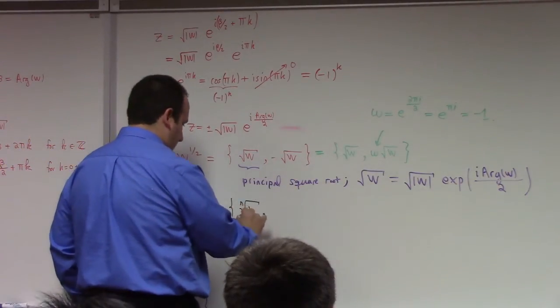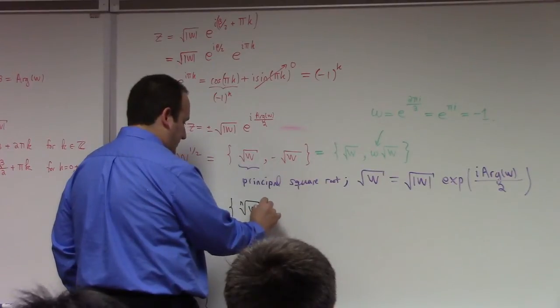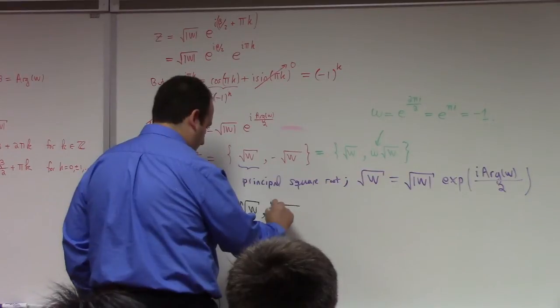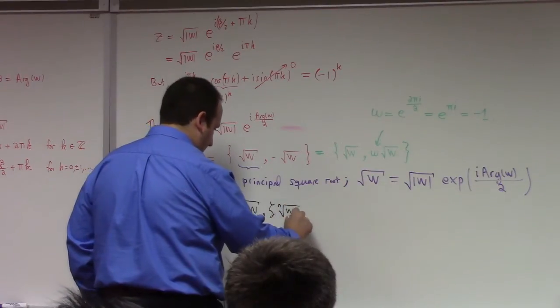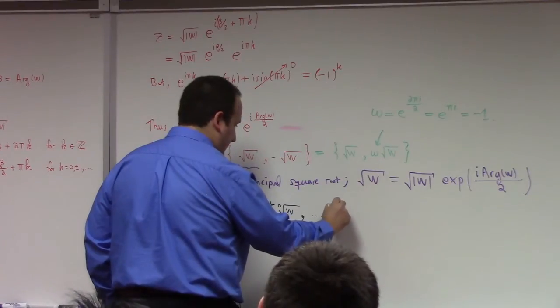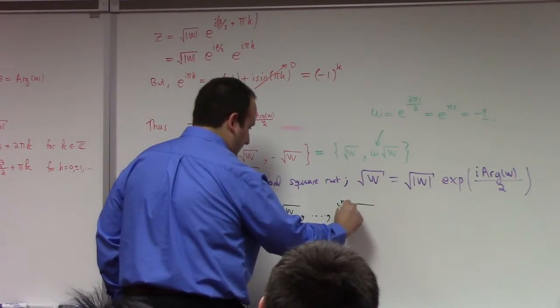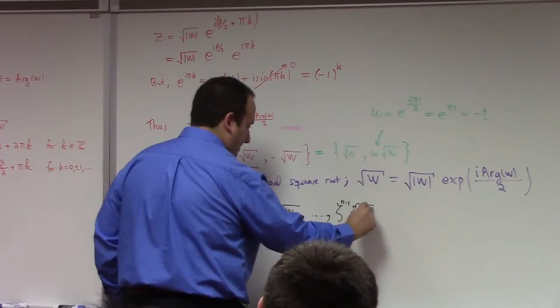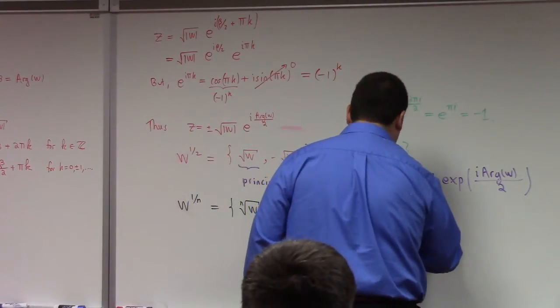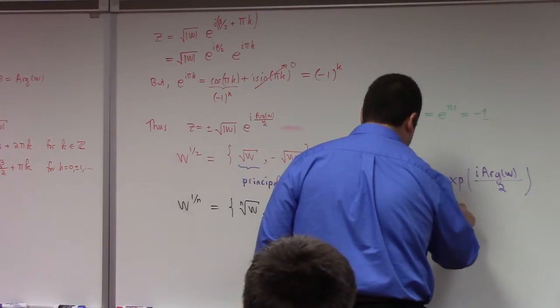I'm just going to use a different letter for the nth root: zeta, zeta squared, all the way out to zeta to the n minus 1 power times the nth root of W, where zeta is equal to e to the 2 pi i over n.